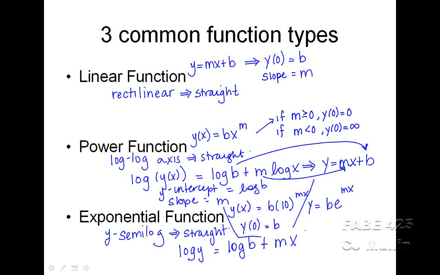So it looks much messier than I thought it was going to, but the idea is there are 3 different types of functions, and it's important to understand what the properties of those are.